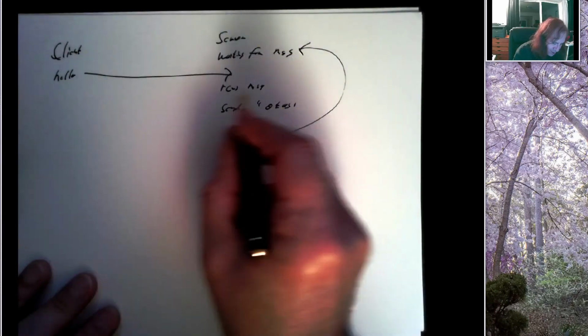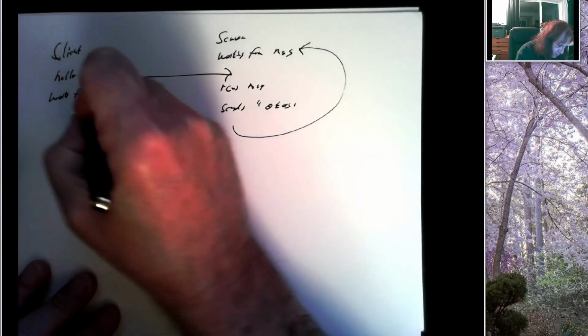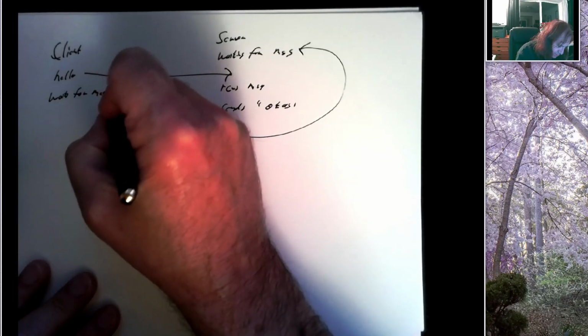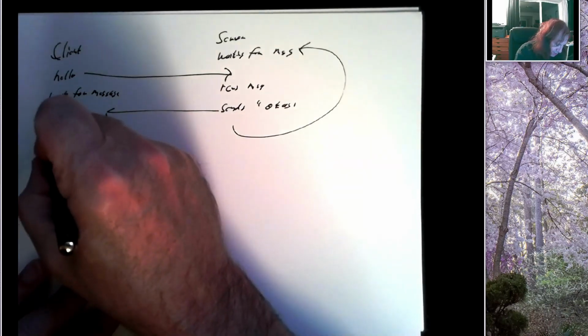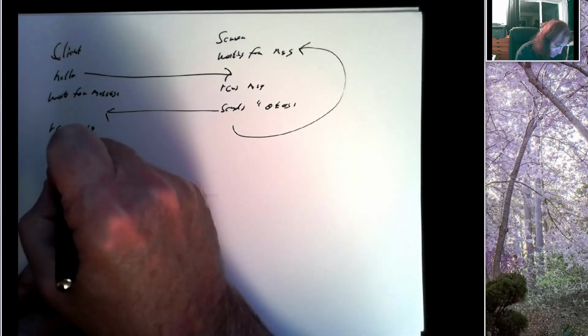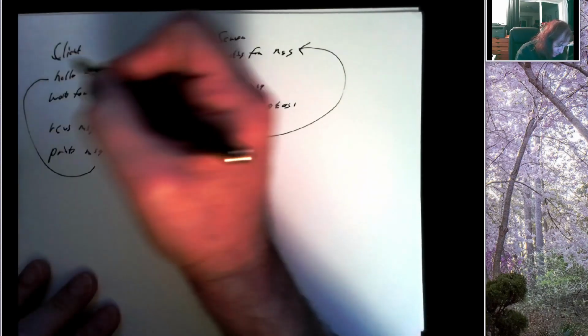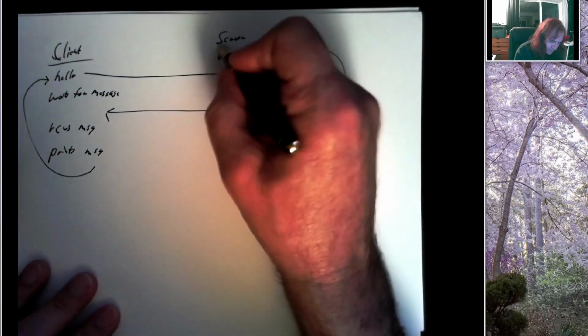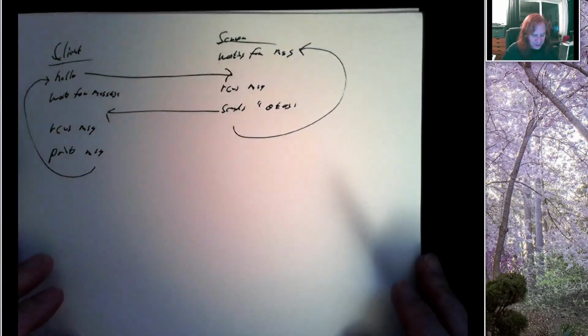The client, meanwhile, sent that hello, and then it waits for a message. And when the server sends OK, it receives the message, prints the message, and then goes back up to the top. Where this hello is coming from the user.